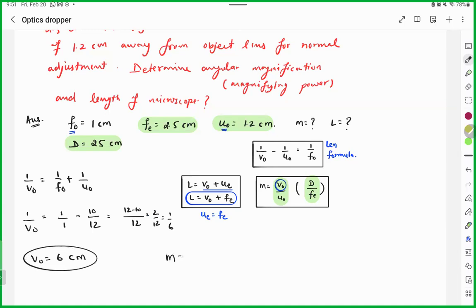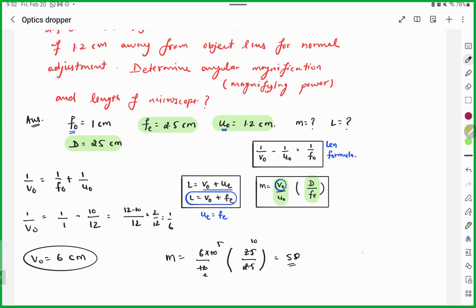Now you can calculate the magnification. V naught is 6, U naught is 1.2, D is 25, and the FE value is equal to 2.5. So 6 by 1.2 times 25 by 2.5, that is 5 times 10, so it will be 50.